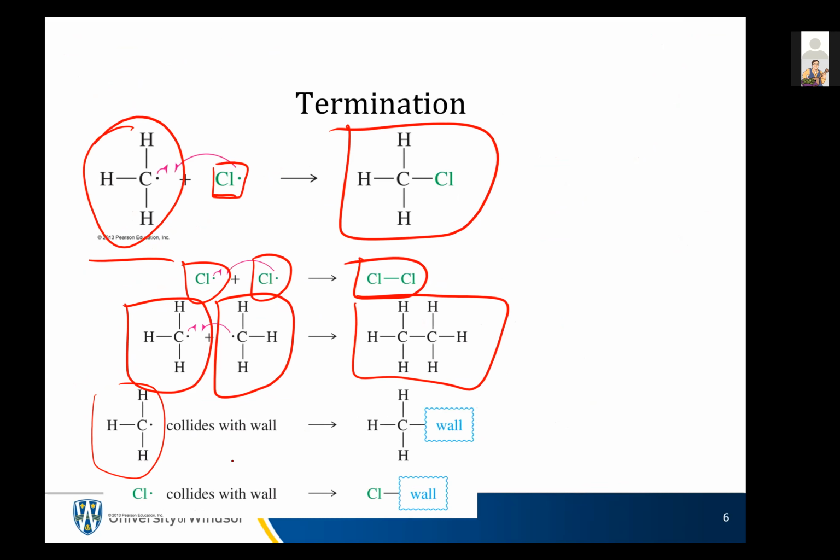And this is actually a problem. Eventually you foul a lot of glass if you do a lot of radical chemistry in it. The entire inside of the glass becomes coated with hydrocarbons that are covalently bound because you've made radicals and they've bounced into the wall. So termination in all these cases is we are getting rid of radicals.